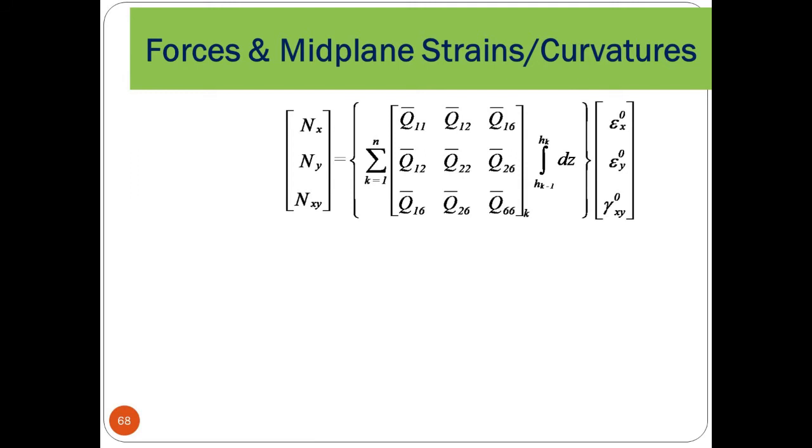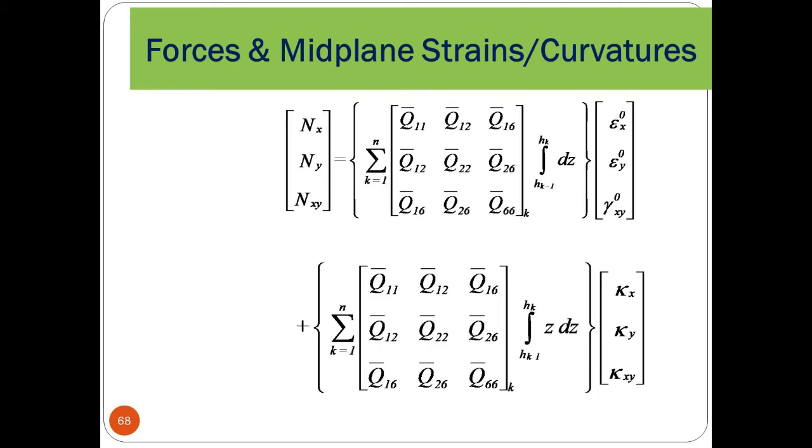Now this can be correlated with the reduced stiffness matrices Q, as discussed above, and finally this would be multiplied by the original strains, which have been considered through the original plane without having a curvature. And similarly, we may have the other part of this, with the consideration of curvature.